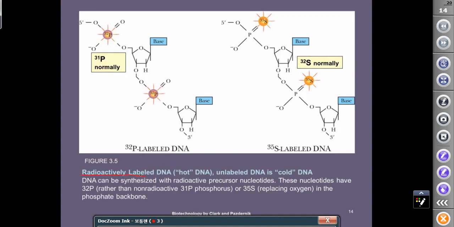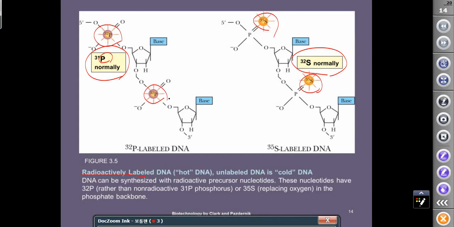What do we mean by radioactive labeling? Radioactive labeled DNA uses these two different elements. They are so-called isotopes. Usually phosphorus has atomic mass of 31.